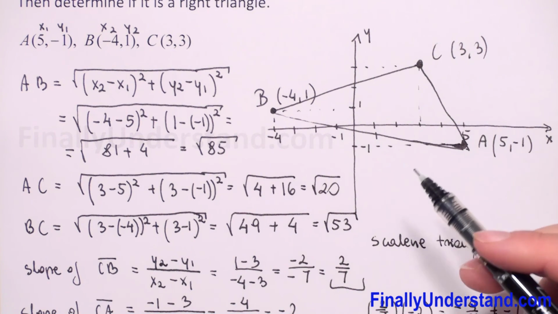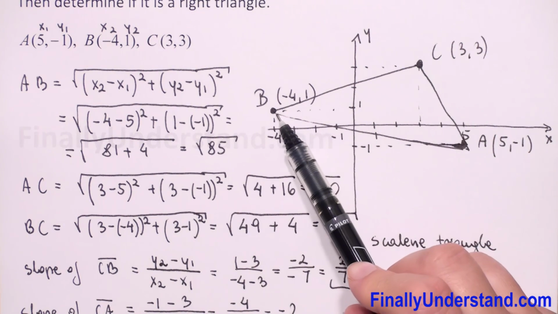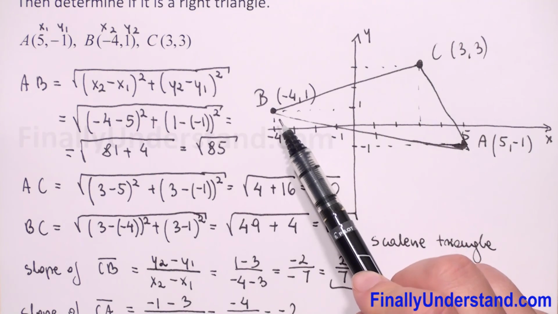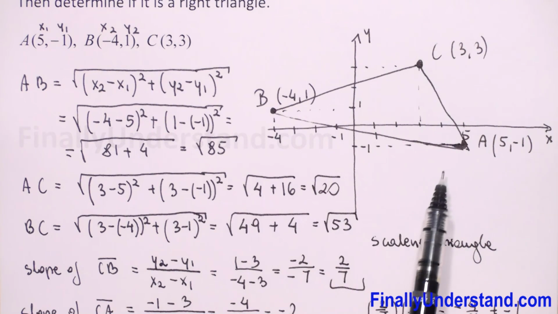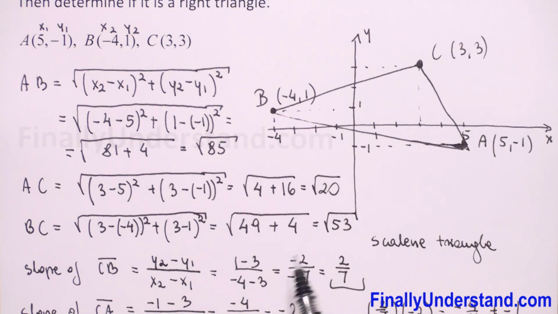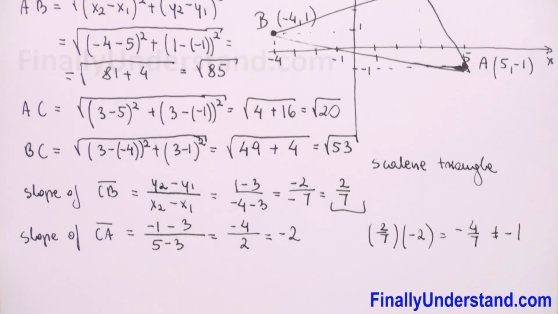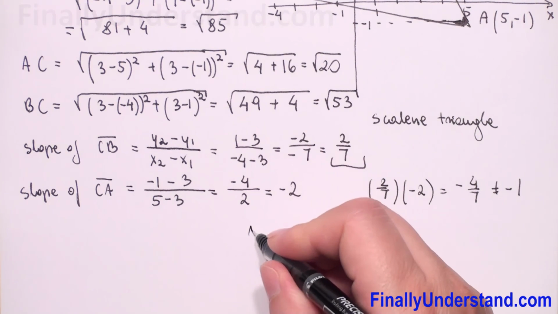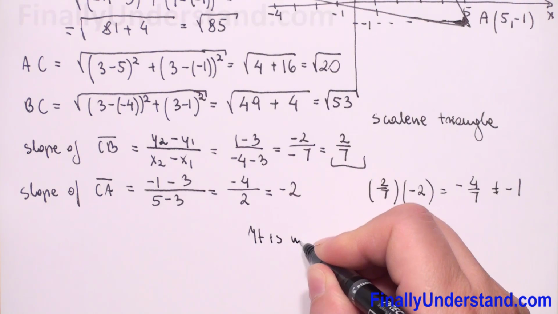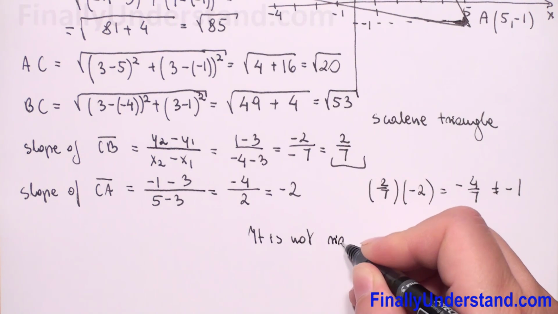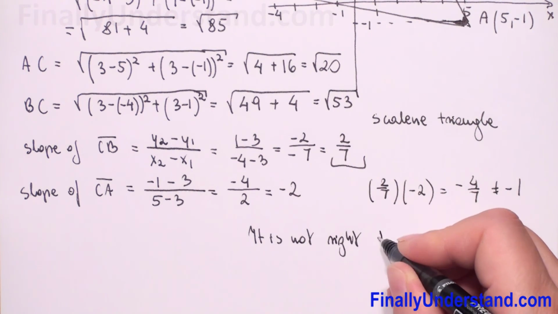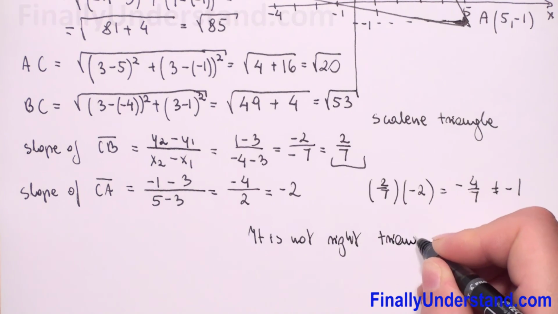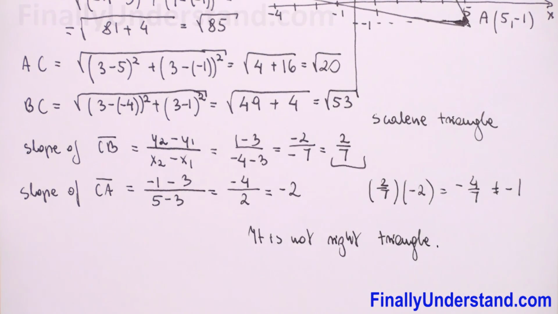If you don't believe me, you can check that angle A is not a right angle either, using the same formula. So it is not a right triangle. This is my solution.